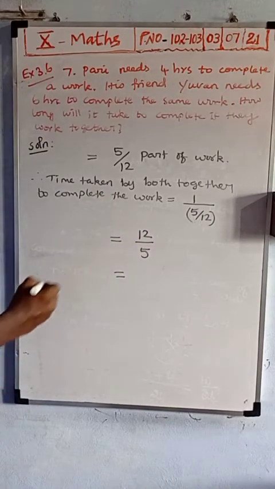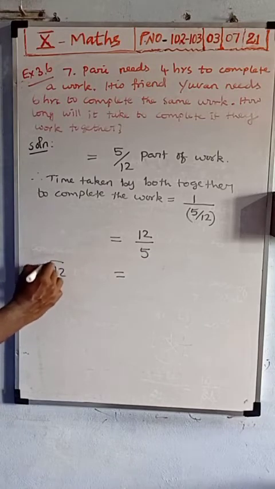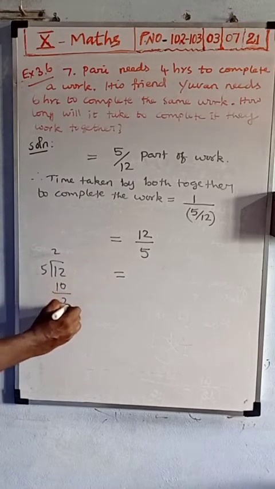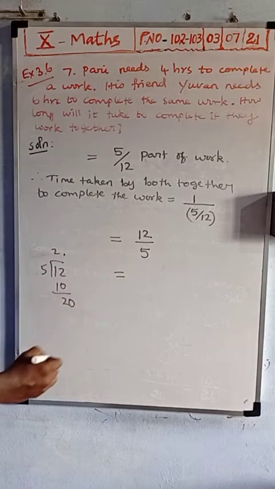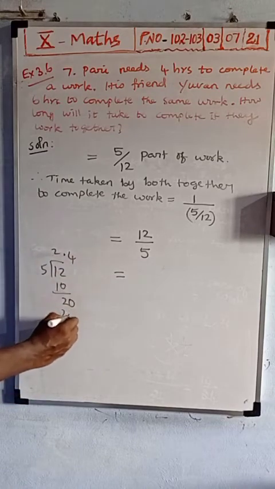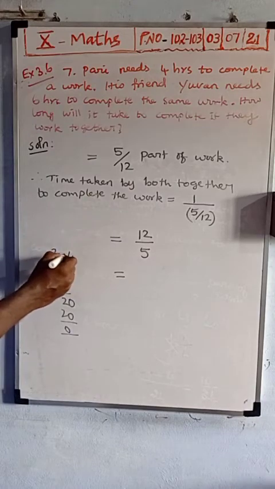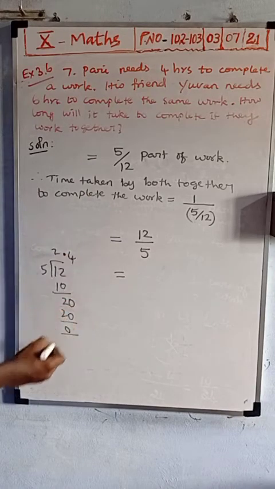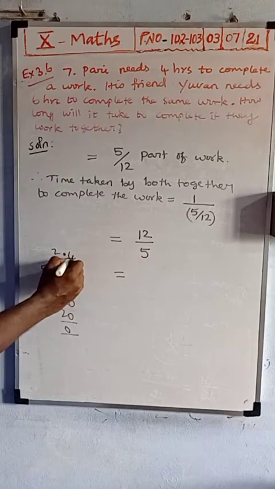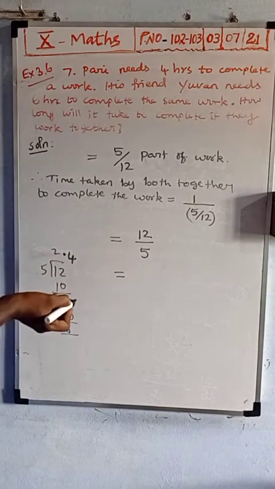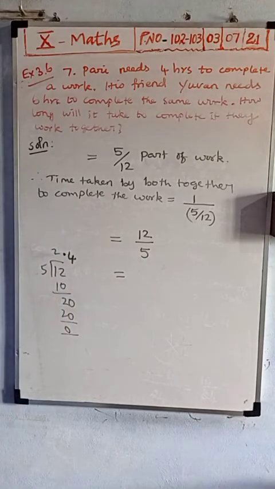12/5 converted: 12 inside, 5 outside, 2 5s are 10, remaining 2, keep a point, add a 0, 4 5s are 20. Now 2 hours, and this 0.4 you multiply with 60, because 1 hour is equal to 60 minutes.